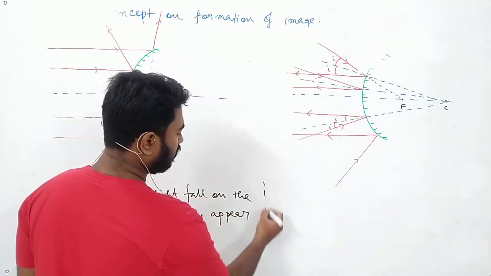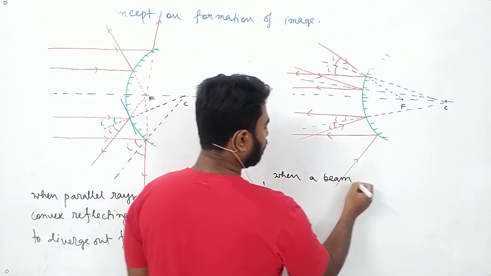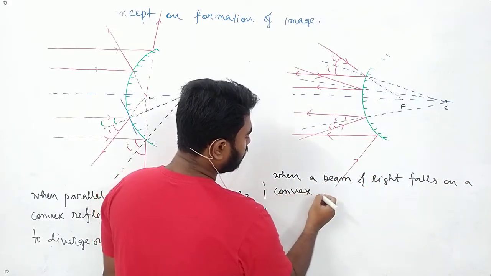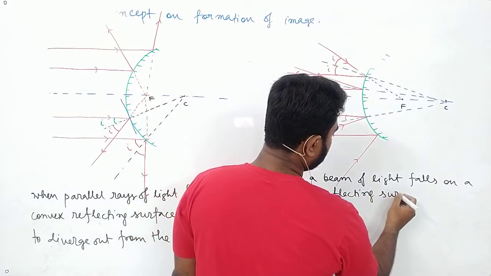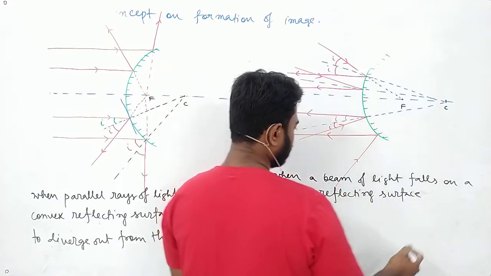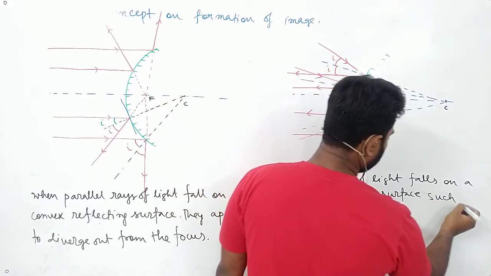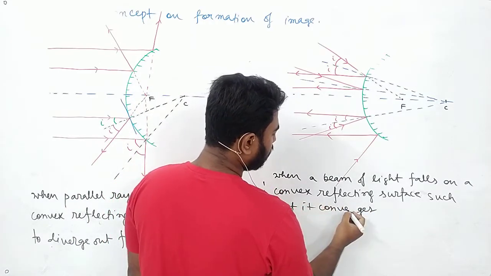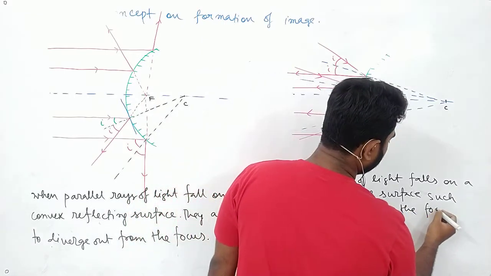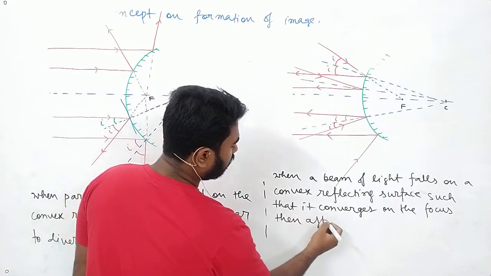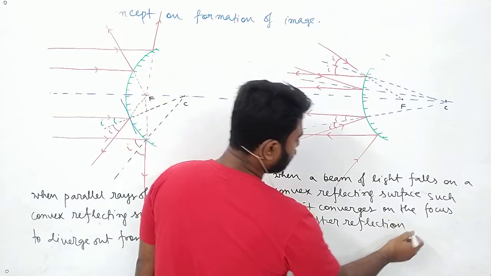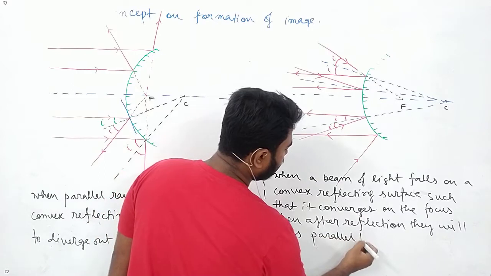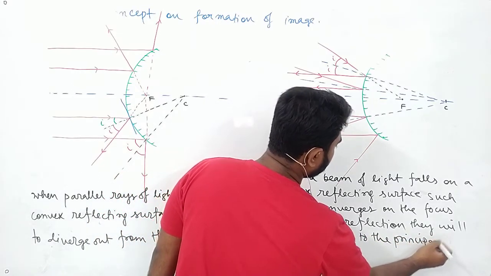So, can we write: when a beam of light falls on a convex reflecting surface such that it converges on the focus, then after reflection they will pass parallel to the principal axis.